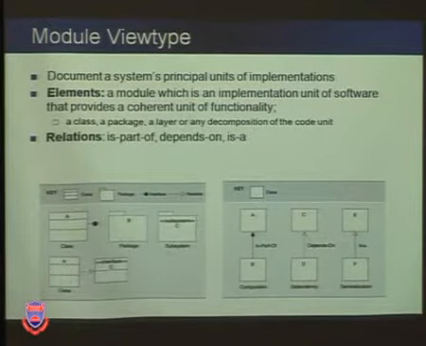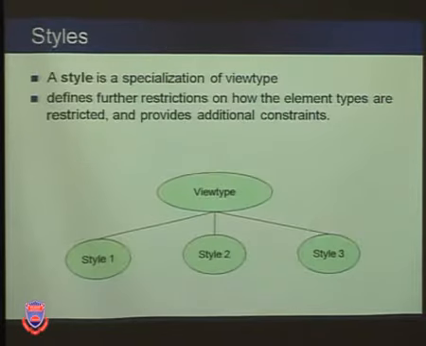Then a style says, pick an element could be a class, relation could be just a part of. So it puts additional constraints on the view type, on how the element types are restricted, how they need to be combined, etc. So a view type can have different types of styles.